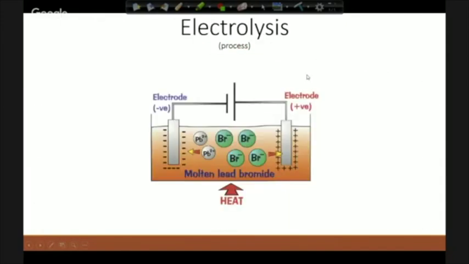Okay, ladies and gentlemen, I'm now going to go on to the final part, which is electrolysis. Again, a question that comes up very often in the additional exams. It's relatively straightforward, but you need to know some of the key terms within.